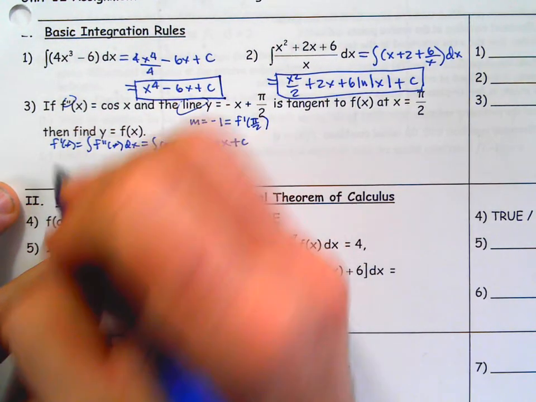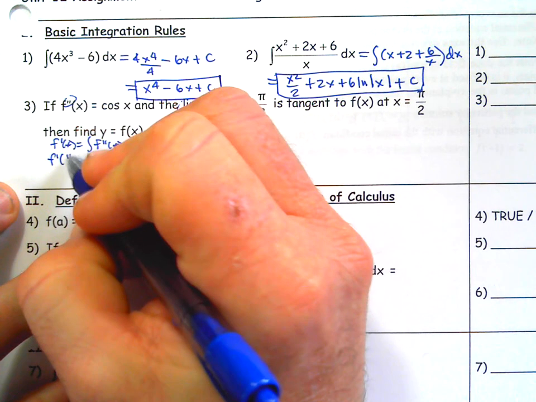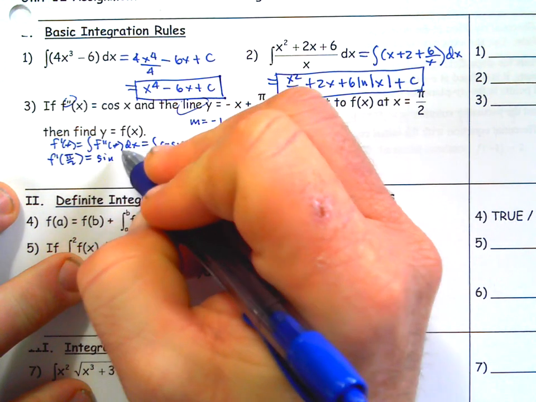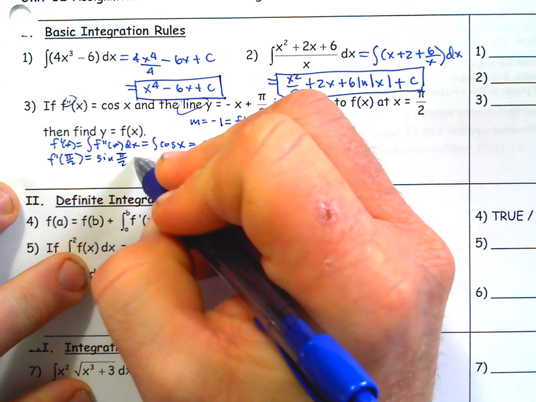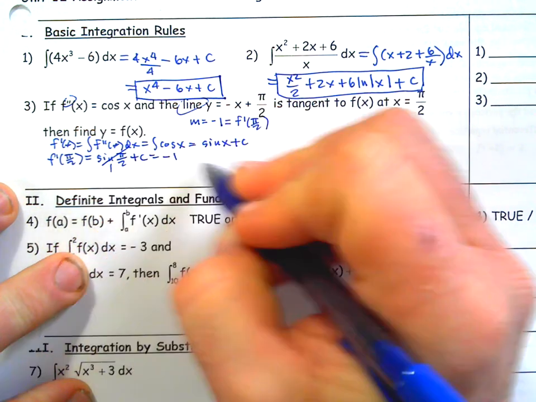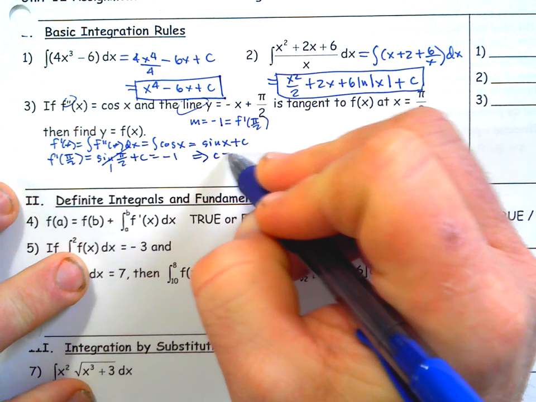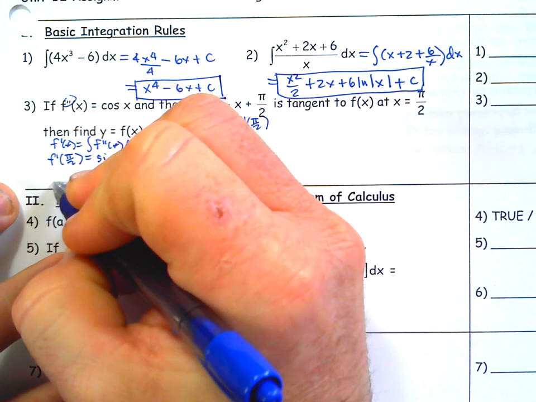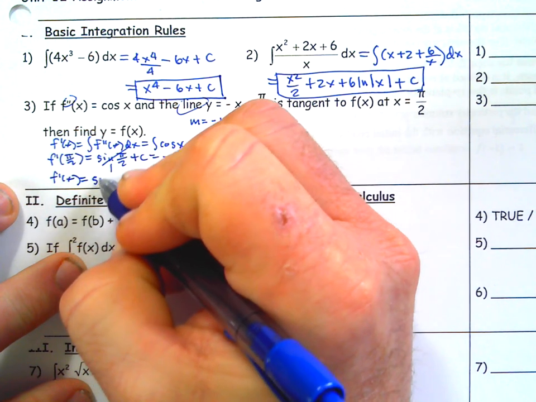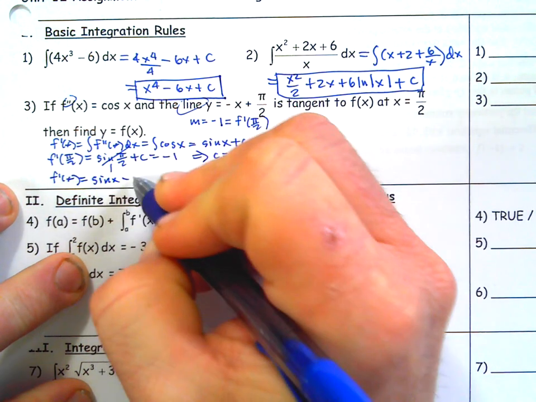We're going to say, all right, well, let's plug pi over 2 in and set it equal to -1. Sine of pi over 2 is 1. So c equals -2. So f prime of x equals sine x minus 2.